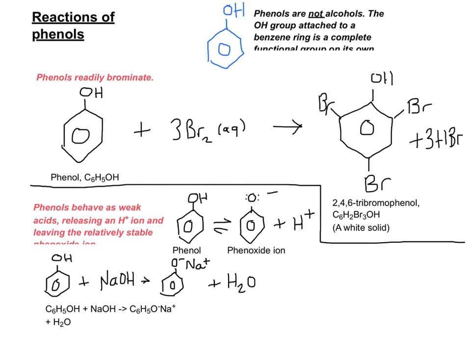And similarly, if we reacted the phenol with sodium, like this, you would have, again, sodium phenoxide, but this time you'd have hydrogen, because you're reacting a metal with an acid.